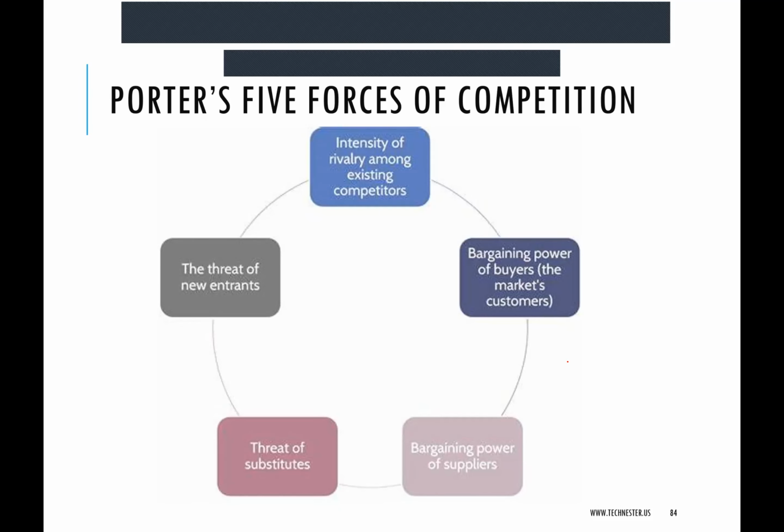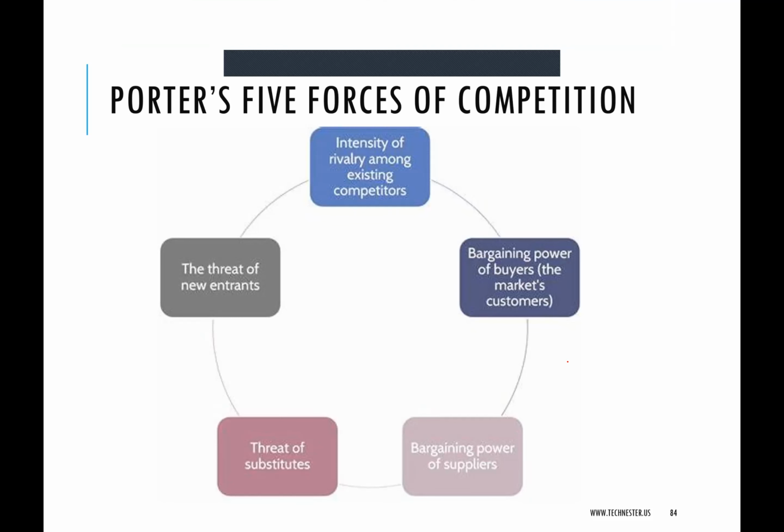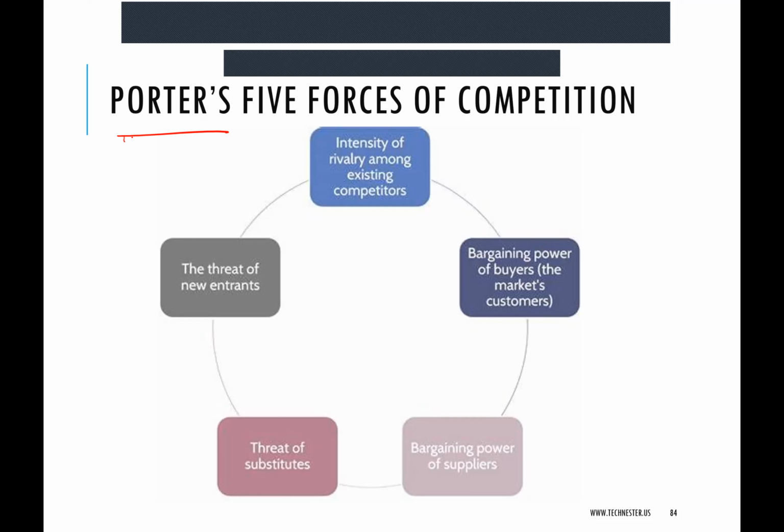Another way to identify external factors that may be affecting an enterprise is what we call Porter's 5 forces of competition. So this is named after Porter, a Harvard professor.